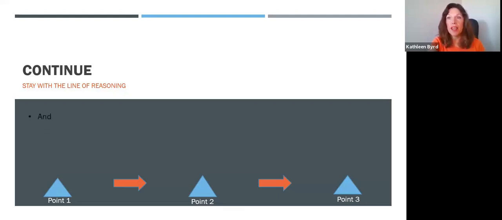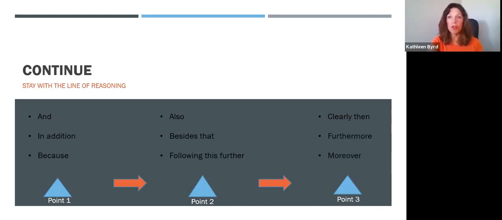This is when we use and, in addition, because, also, besides that, following this further, clearly then, furthermore, moreover, all of these help us continue the line of reasoning.